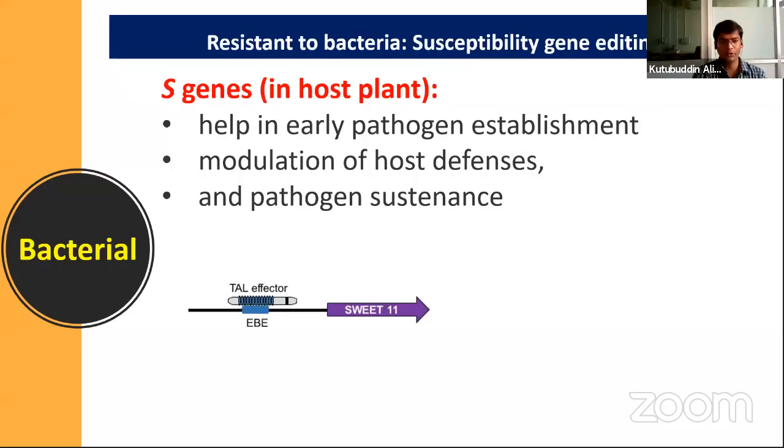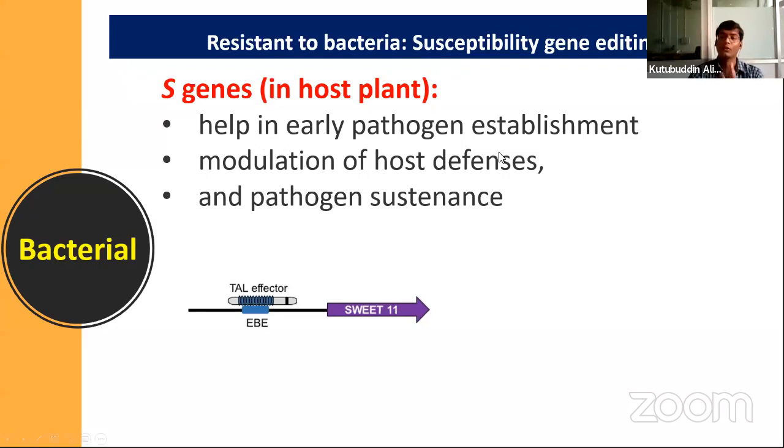With bacterial pathogens, let me start with the same example that I used to introduce you to the subject of genome editing. The host plant also has, we know, resistance genes that confer resistance to pathogens. That is called an R gene, but there is also the concept of the S gene, the susceptibility gene. They help in early pathogen establishment.